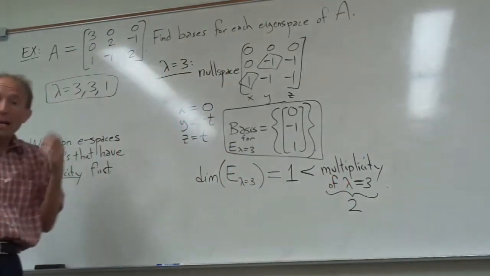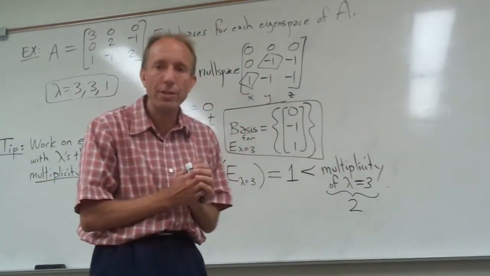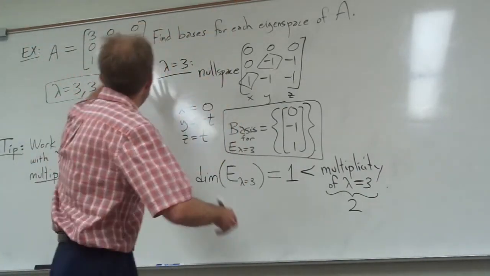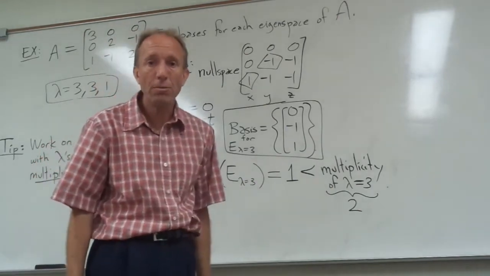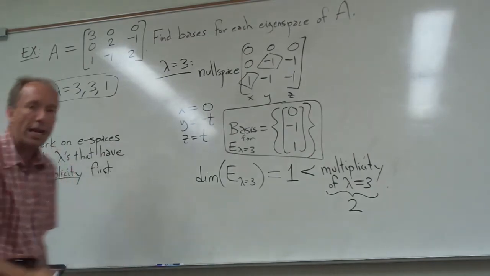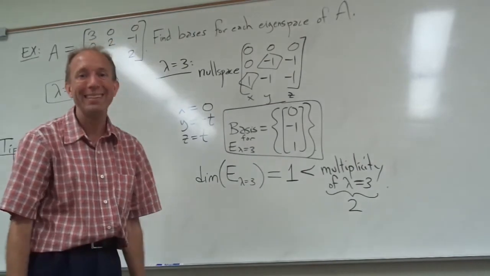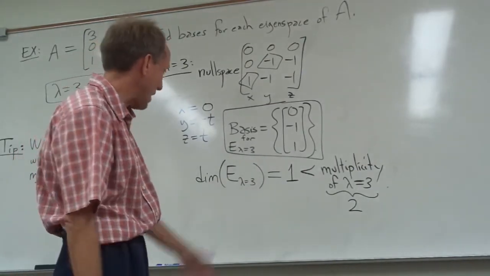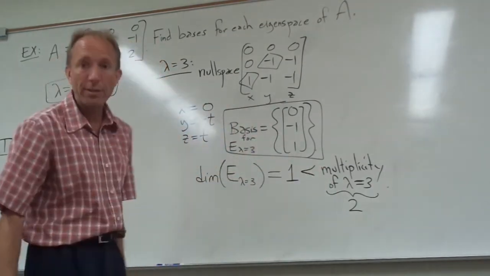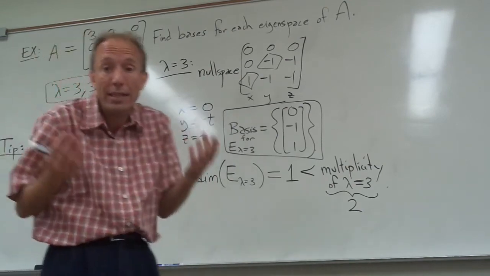And I'll write down what defective means formally in a minute. But if I ask you, is this matrix defective, the reason you want to work on the eigenspaces for the lambdas that have repeats is that those are the lambdas that might not pull their weight, as we see right here. So we could already say that this matrix is defective before we even spend any time looking at the other eigenvalue.